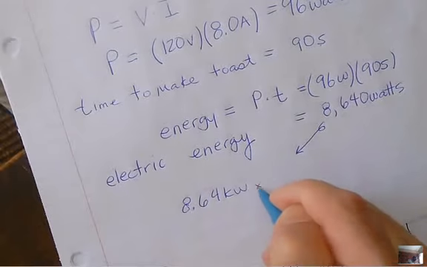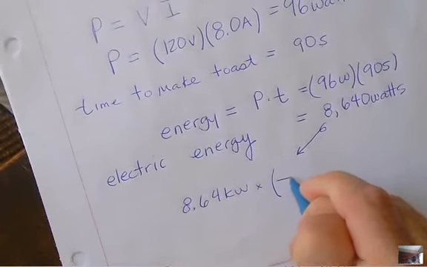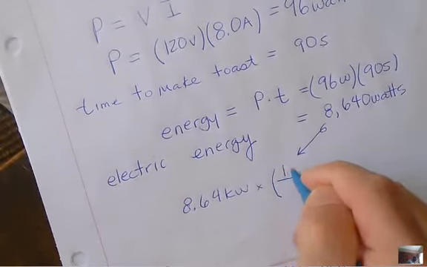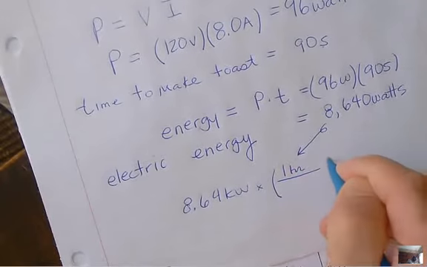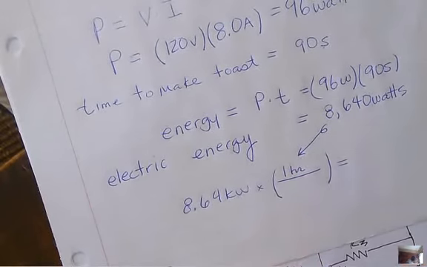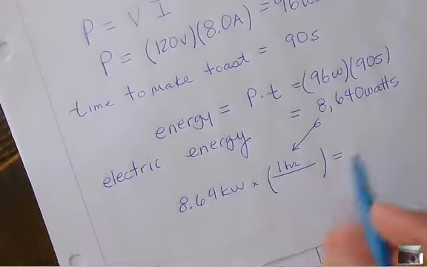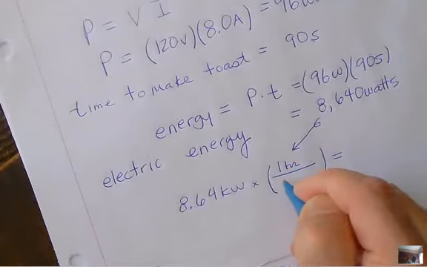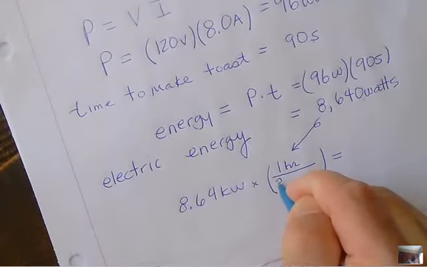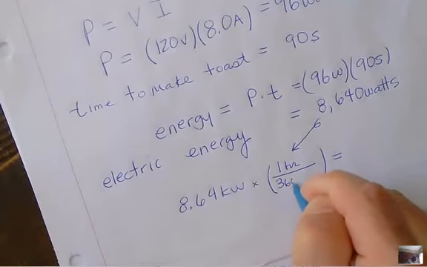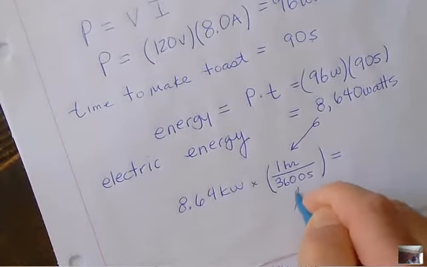Okay, last, I need to multiply by the amount of time that's in 1 hour in this conversion factor. So 1 hour has how many seconds in it? Okay, 1 hour has 60 by 60 seconds, right?